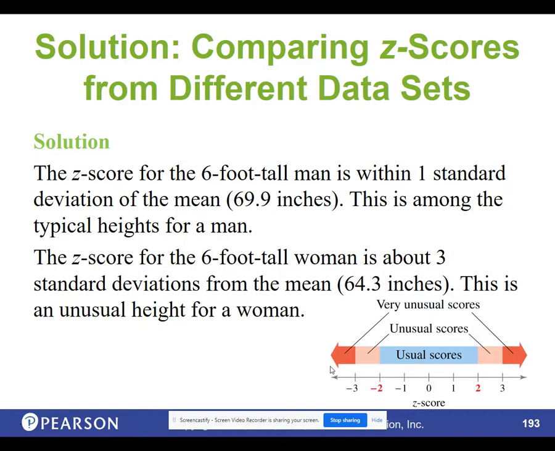If you get a z-score that's over a 3, again, positive or negative, that's very, very unusual. Matter of fact, a lot of times if you get a z-score of 3 or higher, you want to double check your calculations and make sure you didn't make a mistake somewhere. That's how unlikely or very unusual it is.